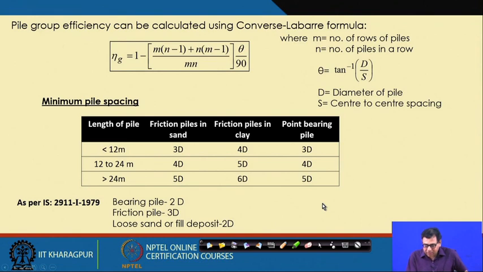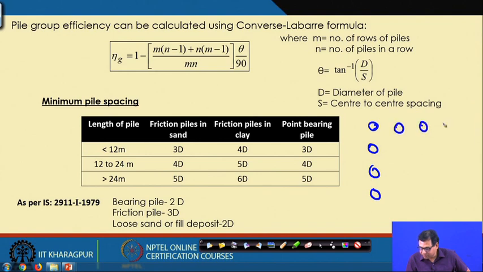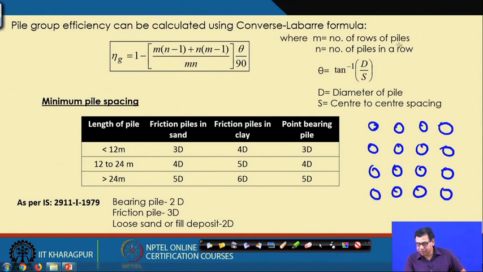Now, there is another way we can determine the efficiency of a pile group, which is based on the number of rows and the number of piles in each row. So, this is the pile with number of rows. Here m is the number of rows in a pile group.